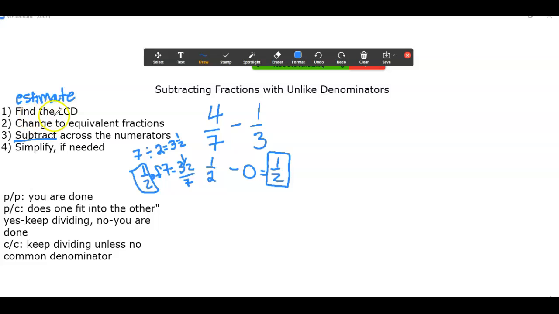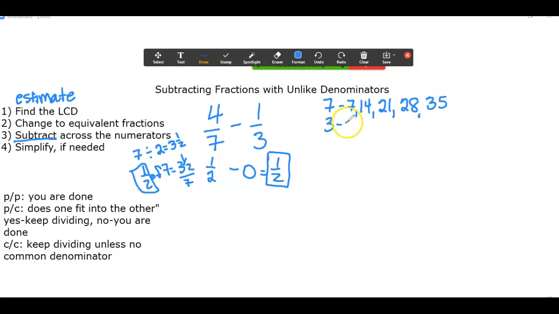So next thing I want to do is find my LCD. So I need to find the multiples of 7 and 3. Again, please use your multiplication chart if you do not know these. So for 7, I know it's 7, 14, 21, 28, 35.